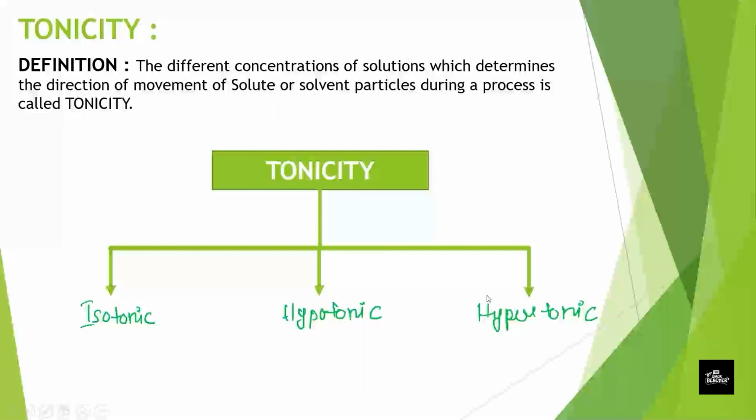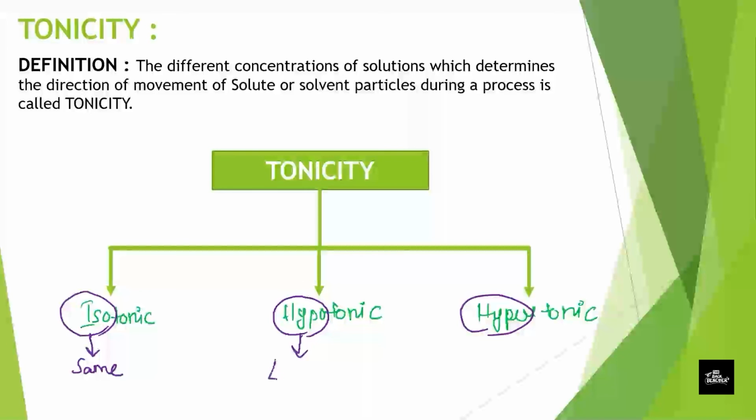Now, a very important thing that you all should remember is that whenever in biology or in any science subject you get these terms which I'm encircling right now, you need to know the meaning of the terms. Firstly, iso means same. Hypo means less. And hyper means more.